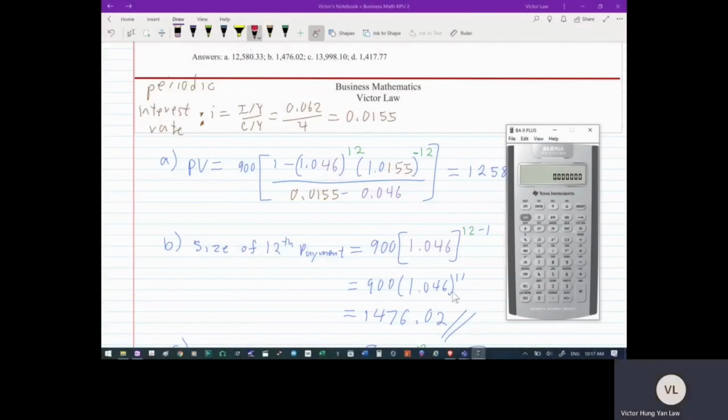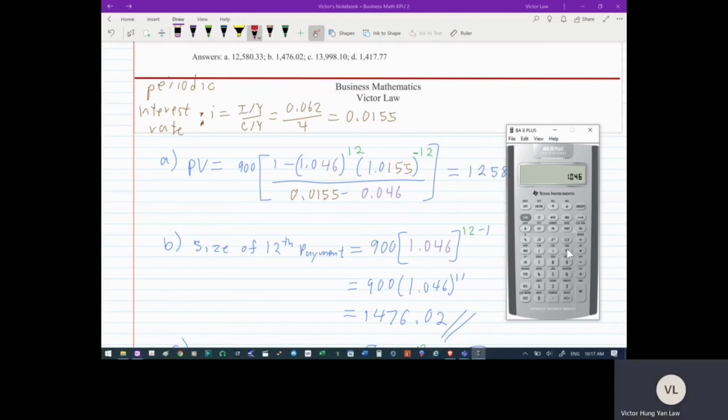On the financial calculator, you type in 1.046 first, then raise it to the power of 11, then multiply by 900 afterward. To the power of 11, on the financial calculator, you use the y to the power of x button, the notation for power.